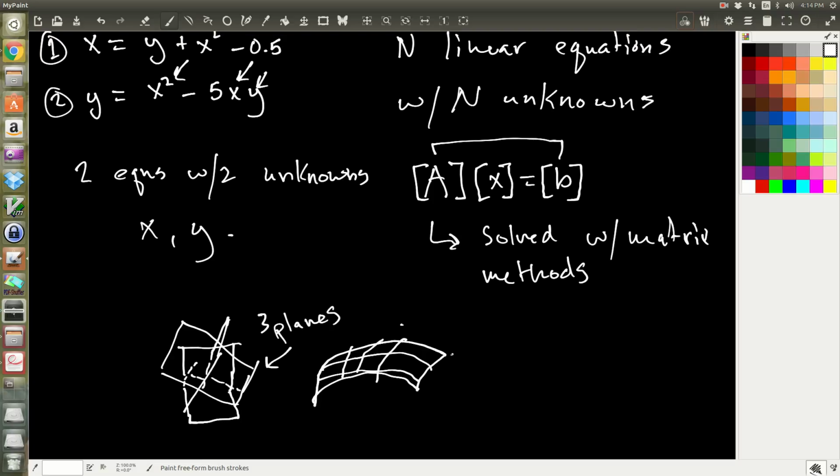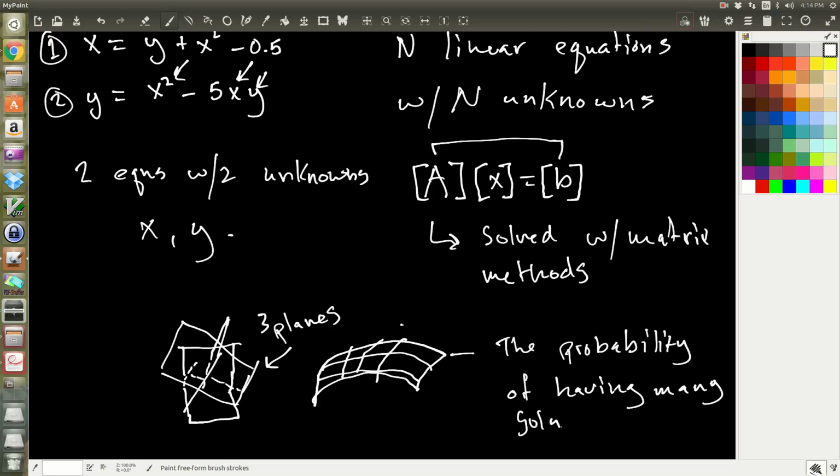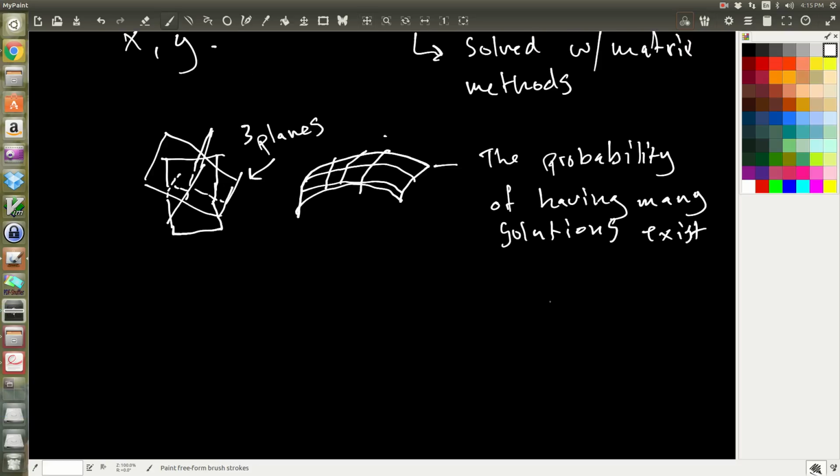But with nonlinear equations, the probability of having many solutions goes up, just because we're much more likely to intersect in several places than in just a single place.